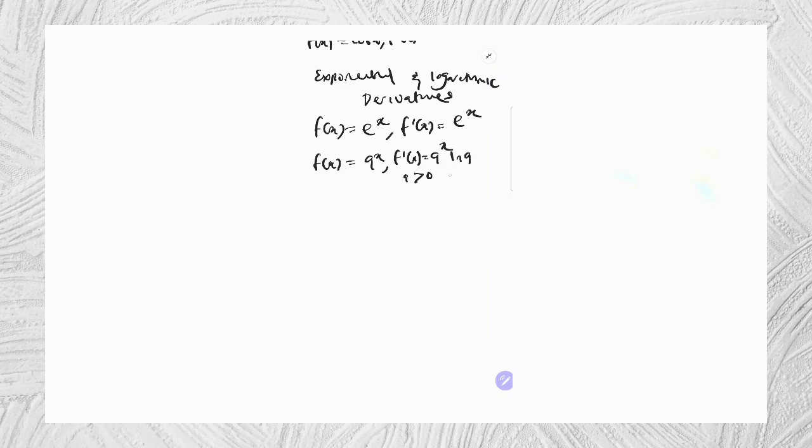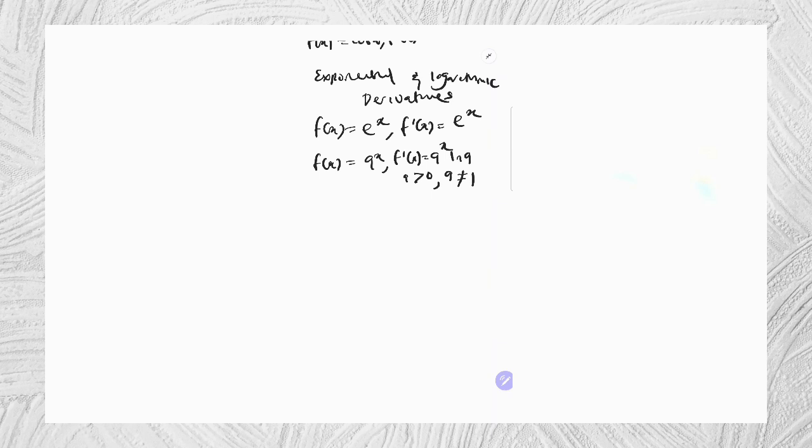Now, for exponential and logarithmic derivatives, when f of x is equal to e raised to the power x, the differentiation of f of x will give you e raised to the power x. Now, when you differentiate a raised to the power x, the differentiation of f of x will give you a raised to the power x ln a, where a is greater than 0 and a is not equal to 1.